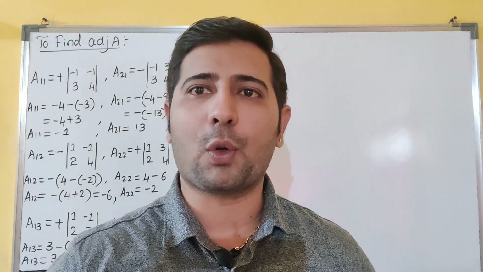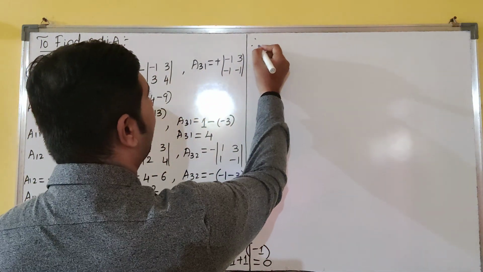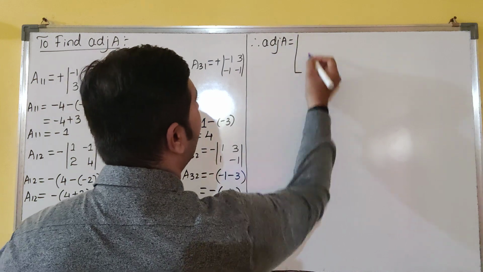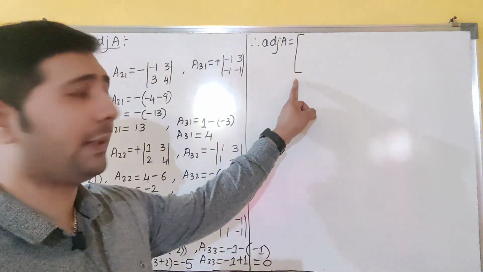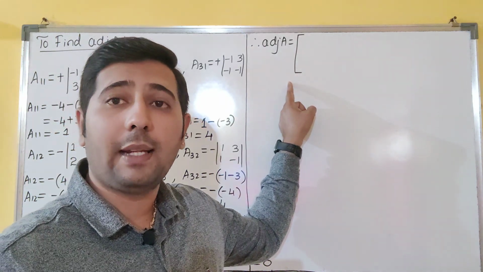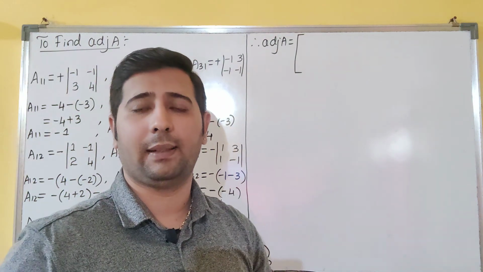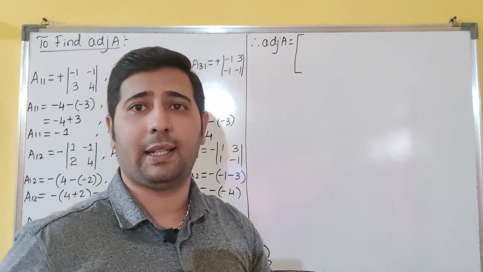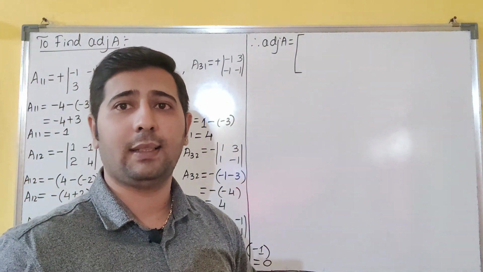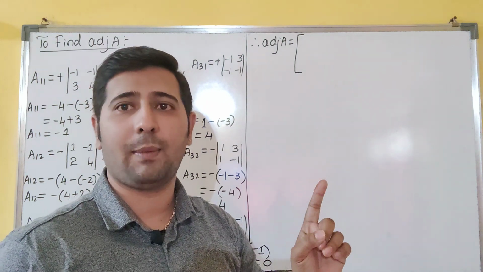I hope all of you have copied. Now let us find the adjoint of A. So therefore, adjoint of A, how to write, you see, I am using a matrix. I have seen many students write this in parallel, with a determinant. Determinant is not to be used; you have to use the matrix, otherwise you will lose marks.